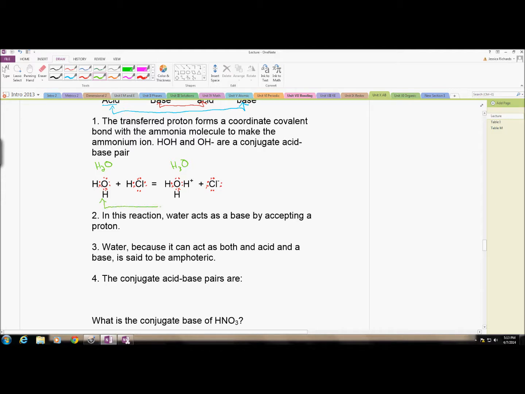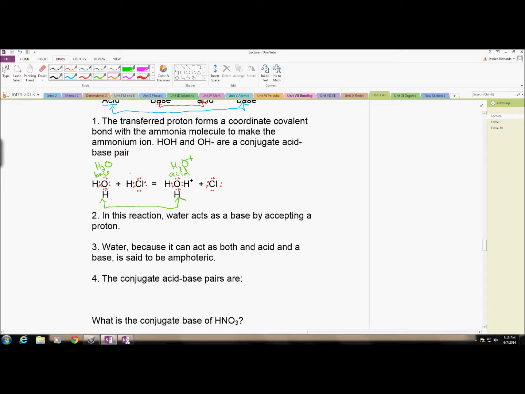Notice that the pieces in the forward and reverse reaction are always different by one hydrogen. So to go from H2O to H3O, you must accept a proton, so that makes the water a base in the forward reaction. To go from H3O to H2O, you have to lose one of these hydrogens, so that makes this H3O, or the hydronium ion, an acid in the reverse.